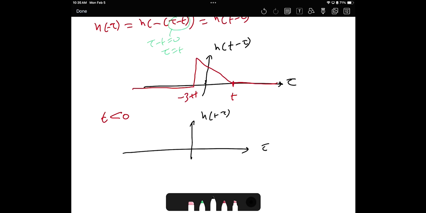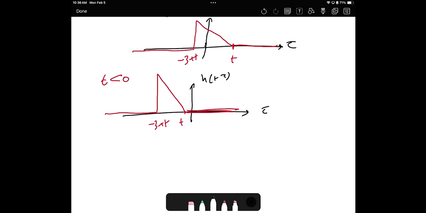If t is a negative value, and here negative 3 plus t, it will be like this. Here is the location of h of t minus tau.